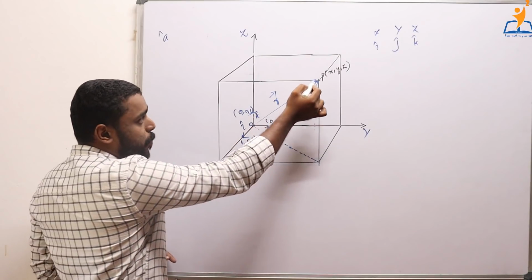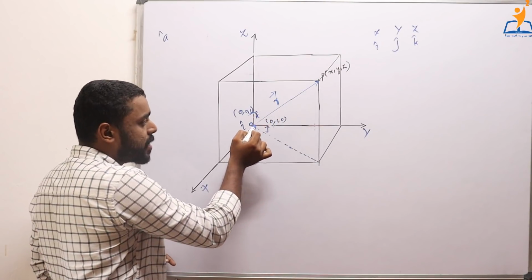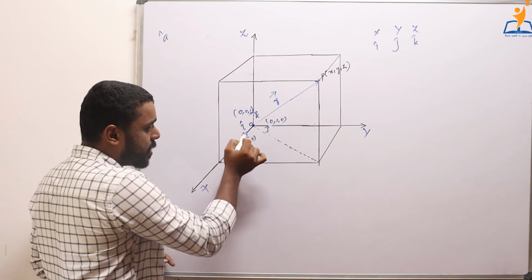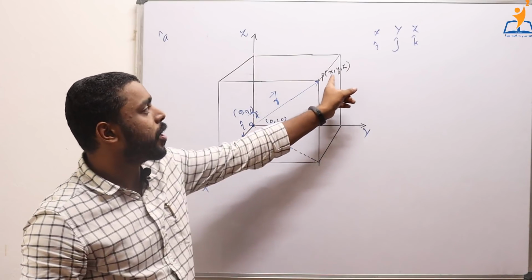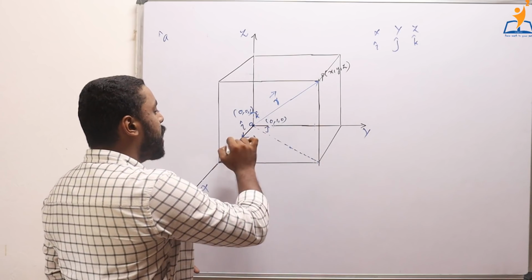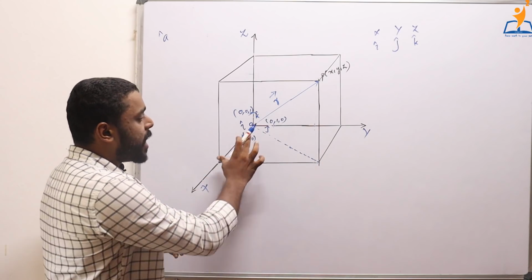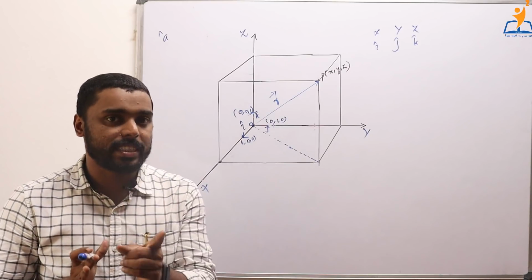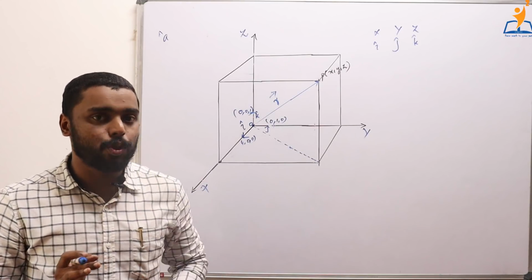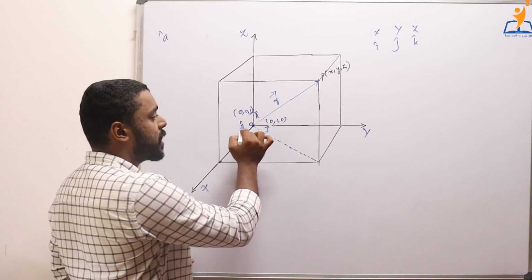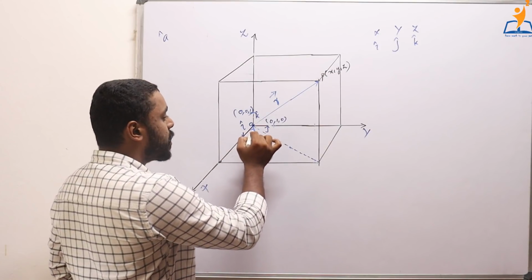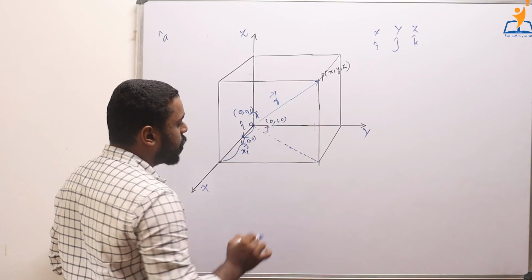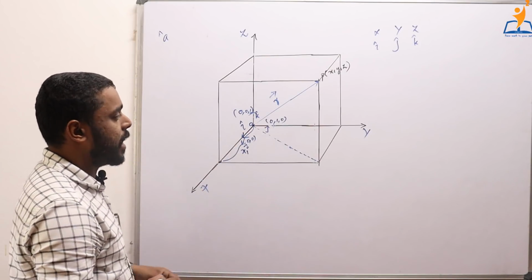That is, the distance along the x-axis corresponding to this point is nothing but x units. Now, x units is just a scalar, and we want a vector. So in order to make it a vector, we multiply x with this i cap to get this vector as x i cap.